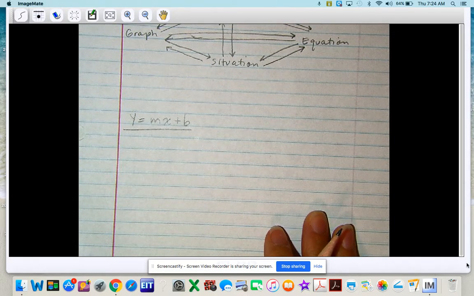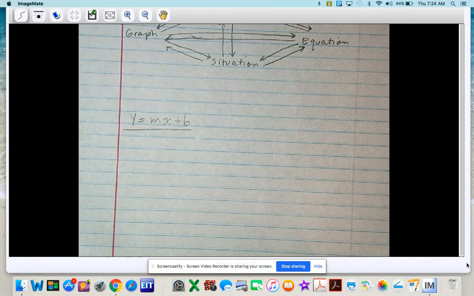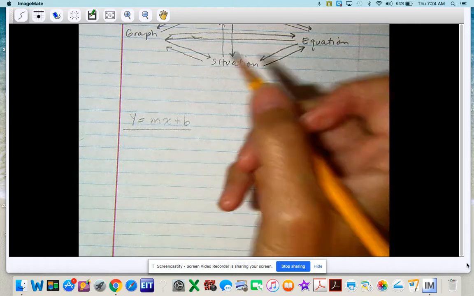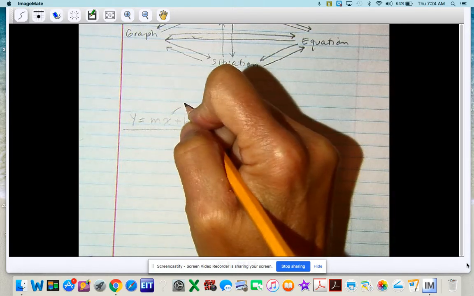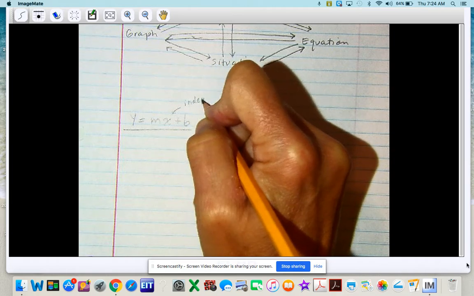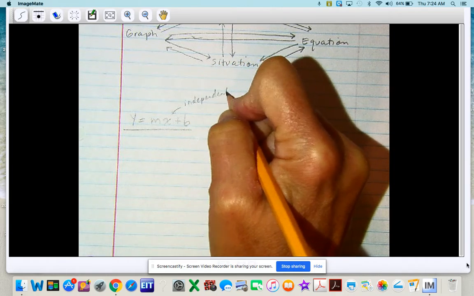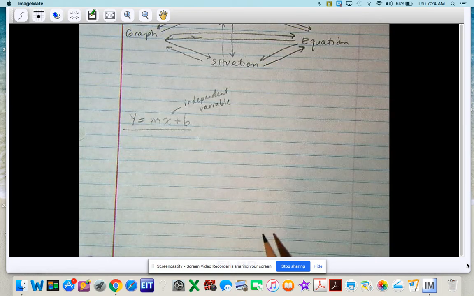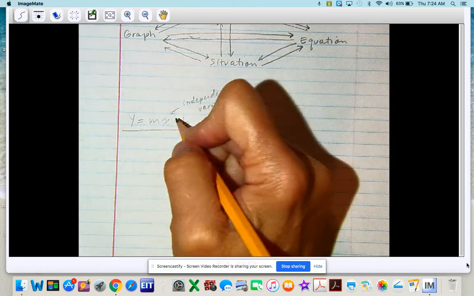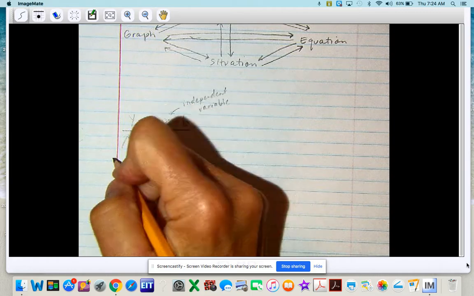Okay, so in y equals mx plus b, x is considered our independent variable, or basically our input. Okay, y then is our dependent variable.